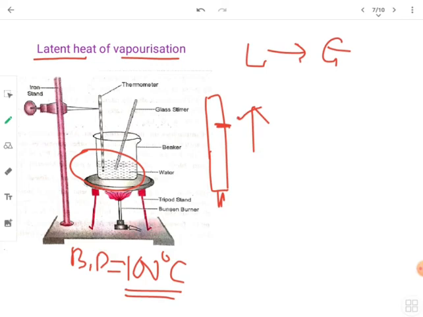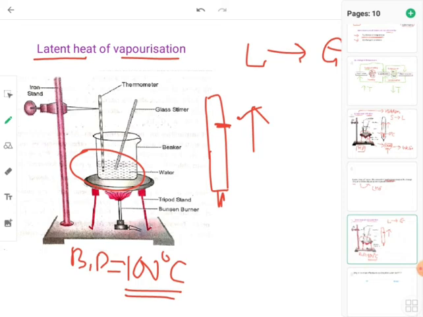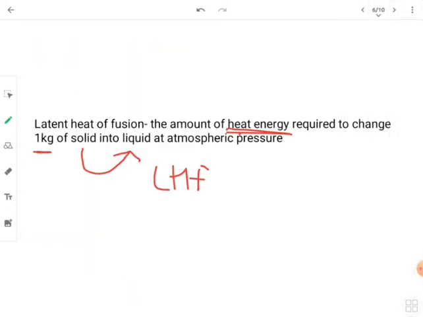So where did this heat go again? The heat is getting used up in overcoming the forces of attraction between the particles of water. So this is latent heat of vaporization. Now if you come back to the specific definition of latent heat of vaporization, you can define it in a similar way to the one we did for this. Can you think how this definition is going to change? Try to do it on your own.